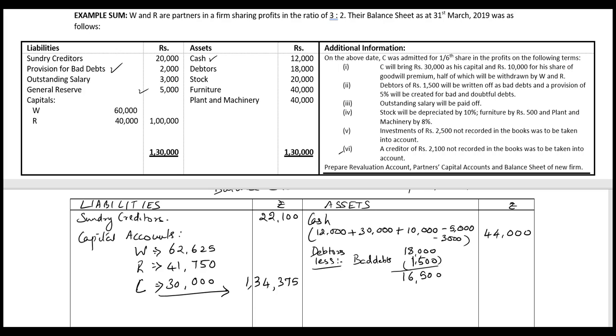We are left with a balance of 16,500, and our new provision for bad debts was 5% of 16,500 rupees, which was 825. So the final figure of debtors was 15,675 rupees.